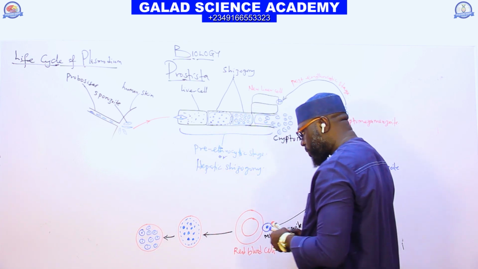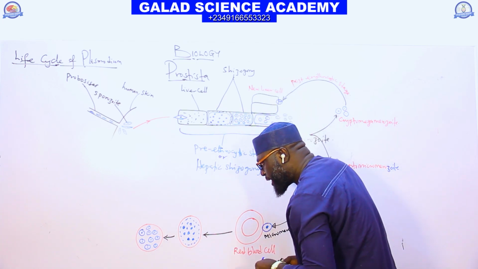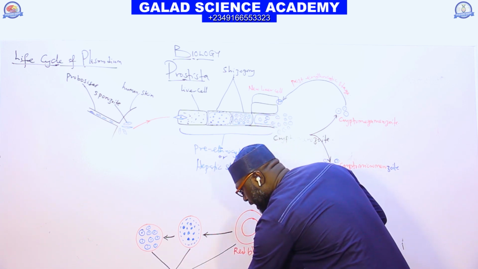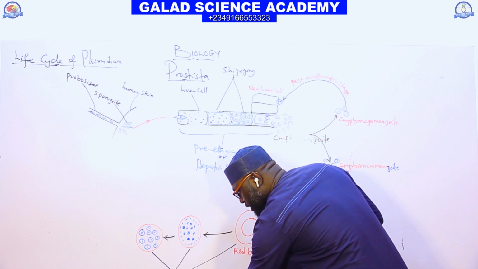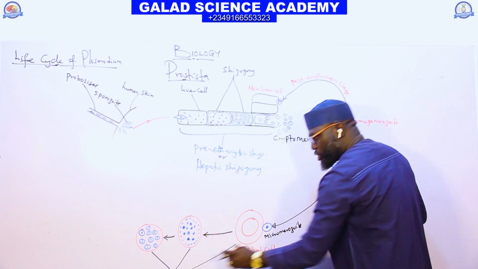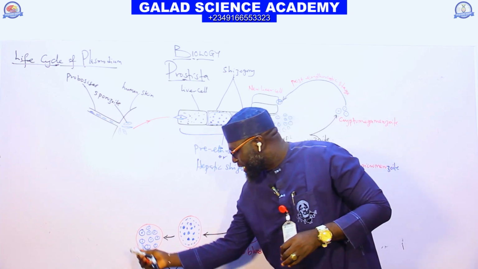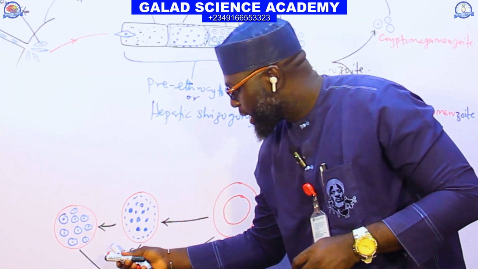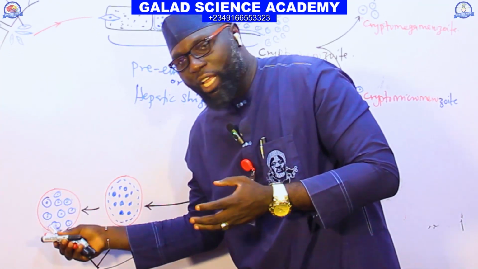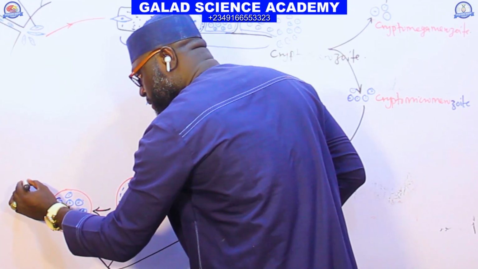So this reaction that takes place in the red blood cell is called zygogony in red blood cell. When these merozoites are matured in the red blood cell, they will feed on the red blood cell until it gets to a point where the red blood cell bursts.